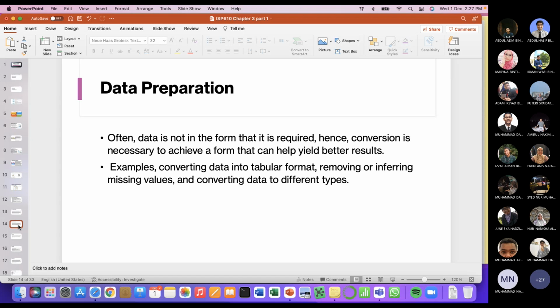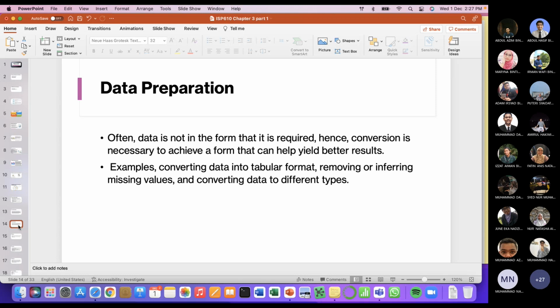So you need to prepare your data. Tak kisahlah data you whether in a structured format or unstructured format. So you need to know what are the problems with the data set. Second, what are the data pre-processing techniques that you need to use to solve all the problems in your data set.